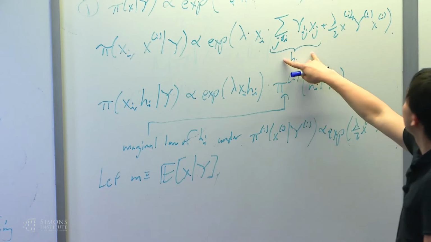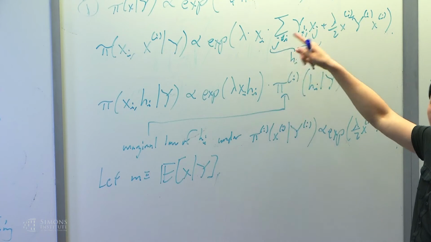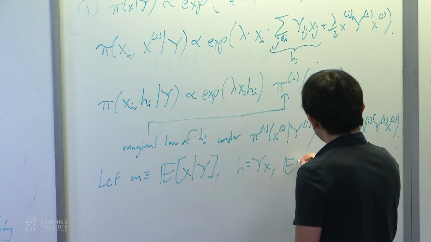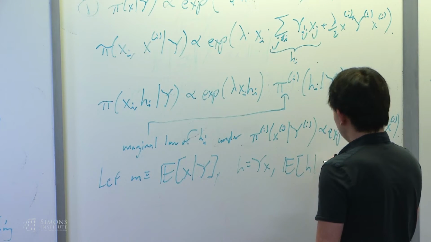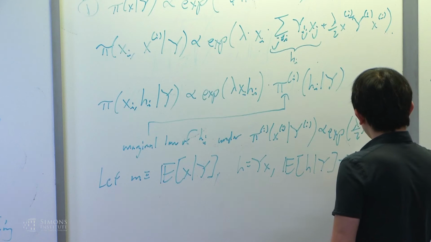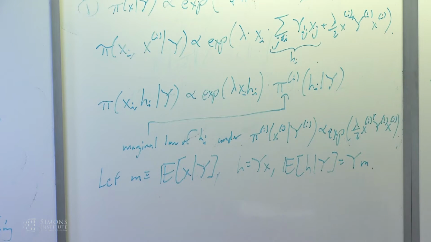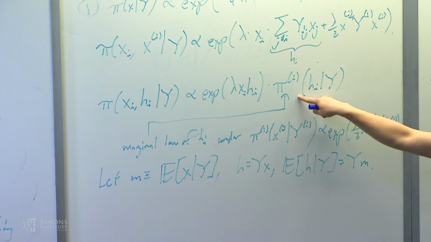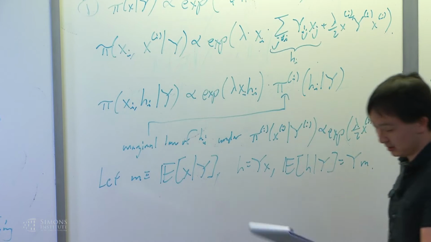If I observe from this equation, h is given by y times x, minus some details on the diagonal. So we have h equals y times x, and if I look at the expectation of h given y, this is going to be y times m. You can view both of these forms of variational inference as making some kind of an approximation to this distribution on hi, which is called the cavity distribution.